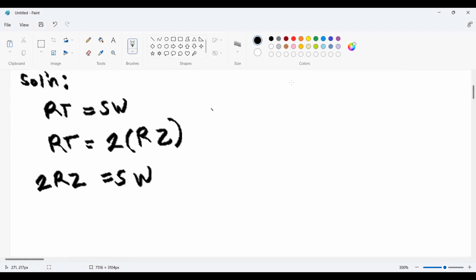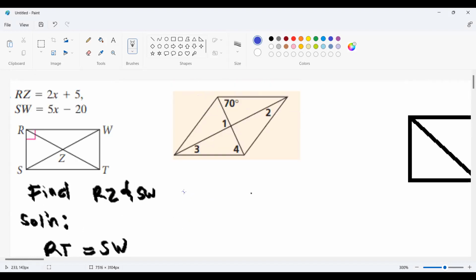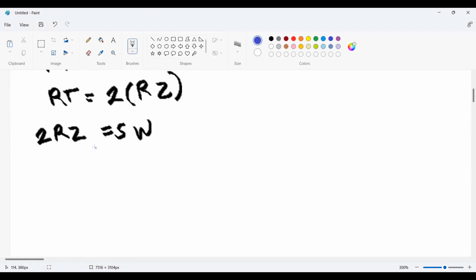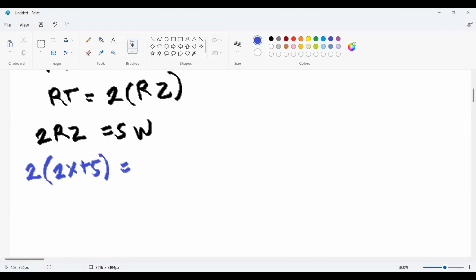By substitution, we can say that 2 times (2x plus 5) is equal to SW. What was SW again? 5x minus 20.